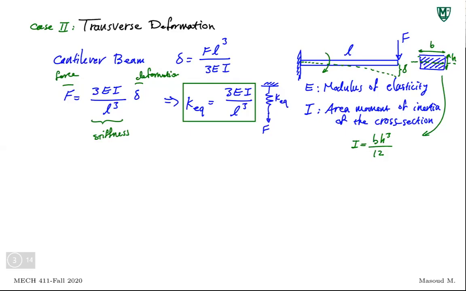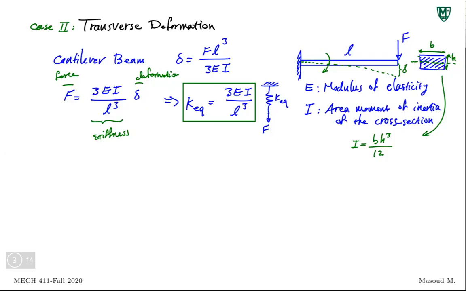Keep in mind, I'm going to emphasize this. This is the equivalent of this system as long as we have a force applied to the tip and we are modeling the deformation at the tip of the beam. So what I'm doing is replacing that deformation at the tip of the beam with this spring system. If I had a mass attached to the tip of the beam, there would be a mass attached to this spring system, and I would have a spring mass system.